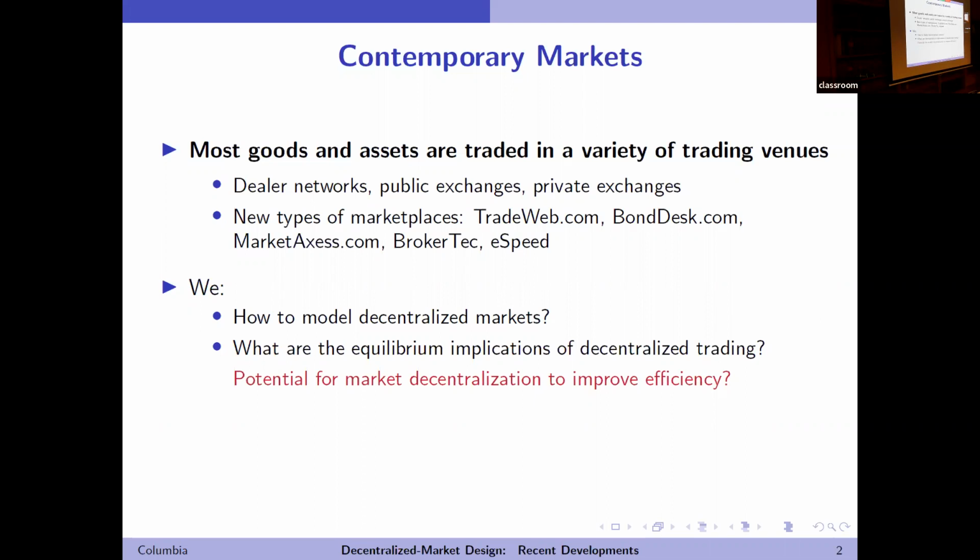The remaining volume occurs in 15 other public exchanges, right? So there are 16 public exchanges for stocks in the US today, where public refers to the fact that all traders can participate there. Over 30 private exchanges. Okay, so think of dark pools, liquidity pools.